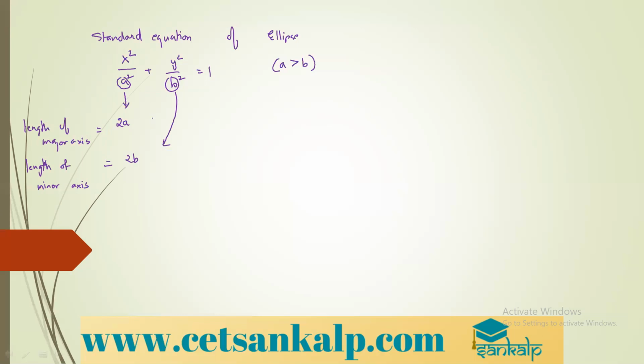So major axis we will take A dash, minor axis we will take B dash. So I'm drawing here major axis A dash and I will draw minor axis B dash.